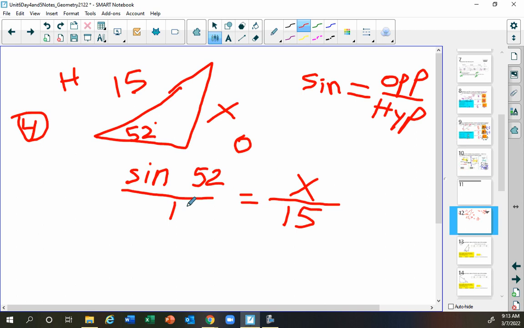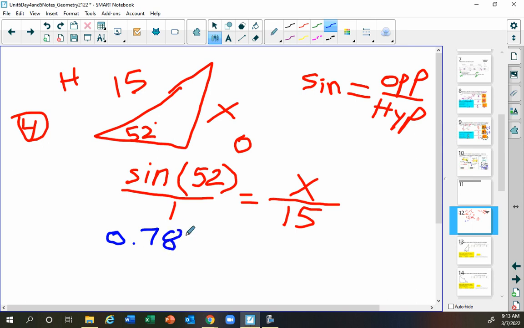Now sine of 52 turned out to be a number. What was that number? You could tell us what the sine of 52 is. Remember, use our calculators. 0.7880. So 0.7880.